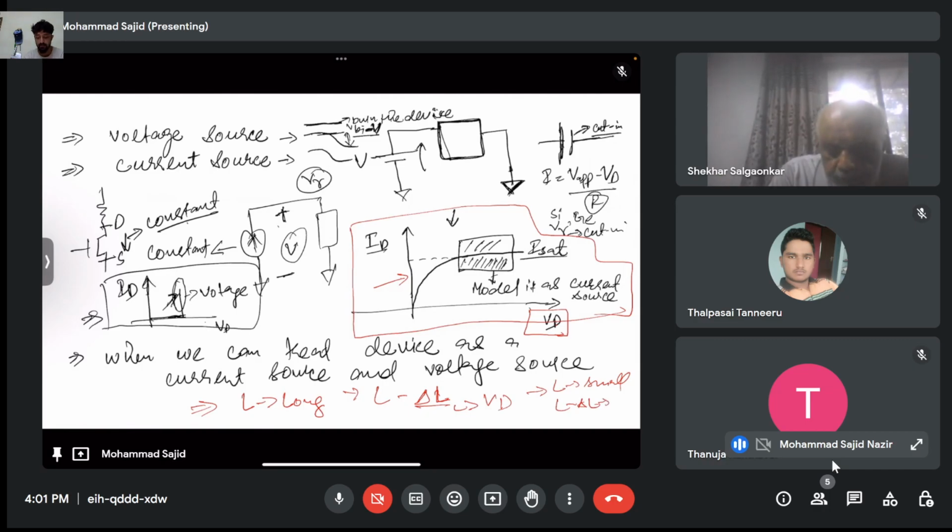As VD increases, delta L increases, L minus delta L will reduce, and once it reduces, current increases. So in short channel devices this is not constant, it almost increases. We will discuss it in the channel modulation part if there is something in the slide, or we can discuss it now. Okay, so this is the channel length modulation effect. The current may increase depending on the CLM in the device.